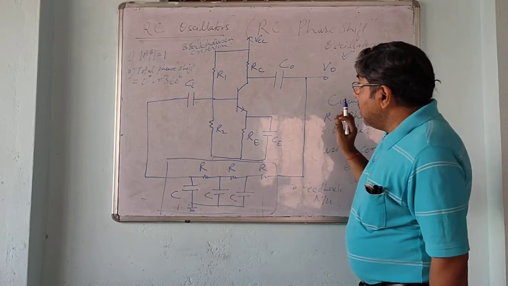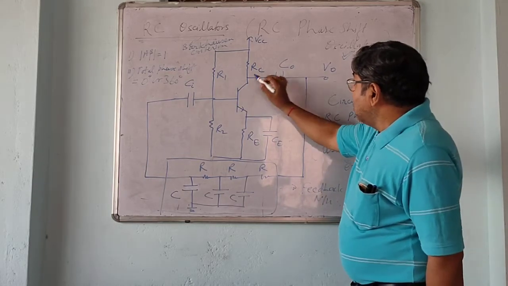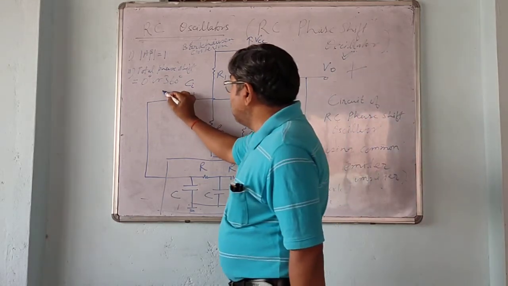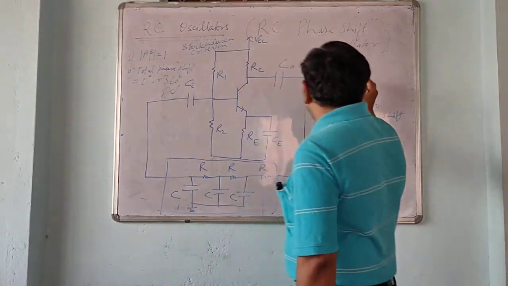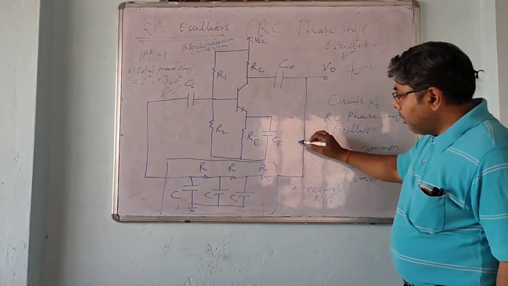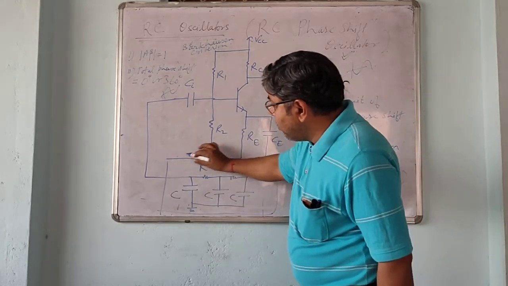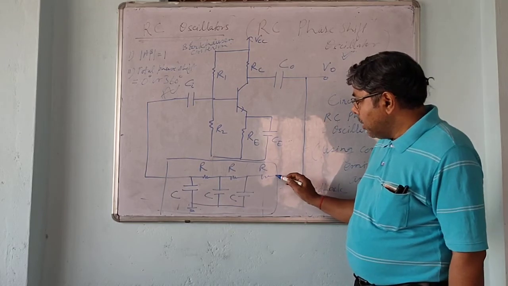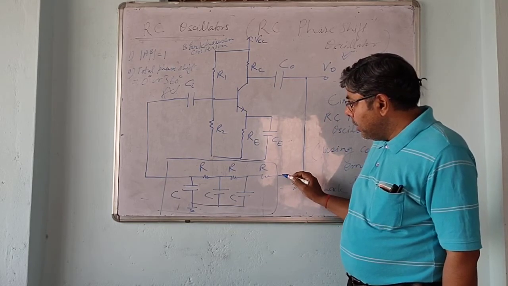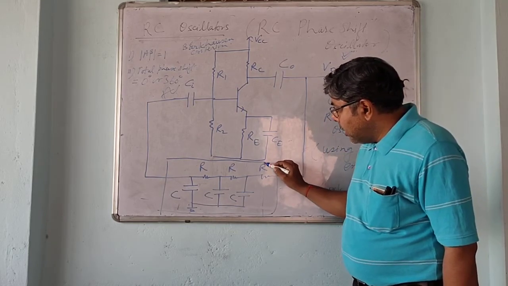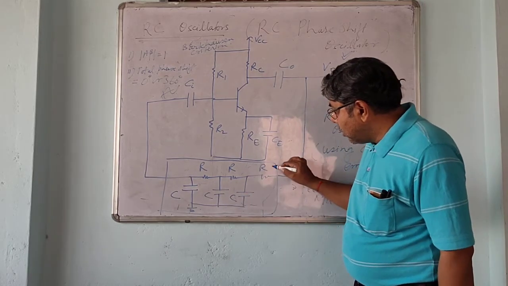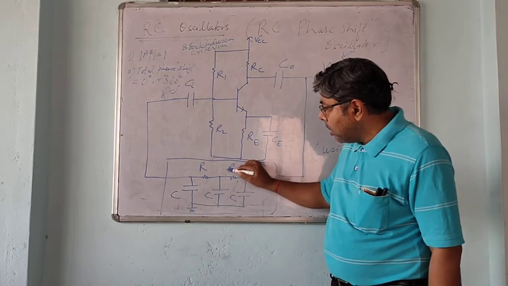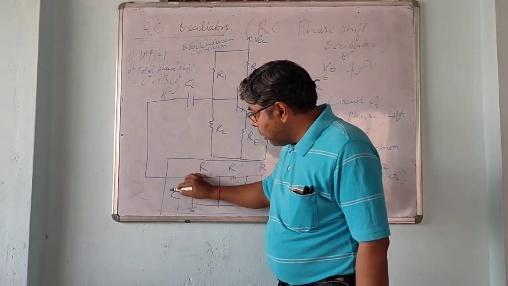So what happens here? This provides phase shift. Suppose here input is like this and this is inverted. Then a further 180 degree phase shift is provided by this phase shifter. Actually this is designed to provide 60 degree phase shift by this combination, then a further 60 degree shift by this combination, then a further 60 degree shift by this combination.